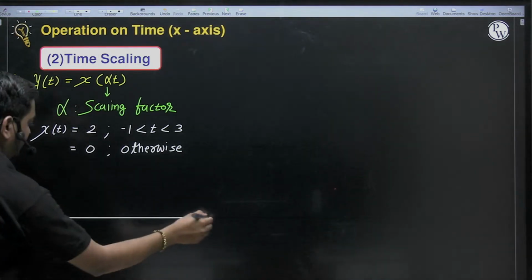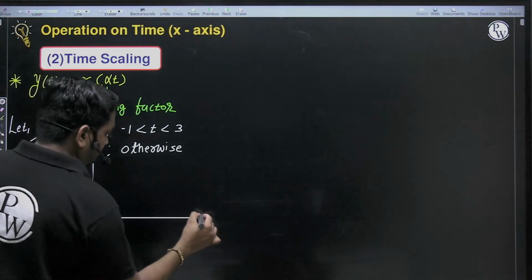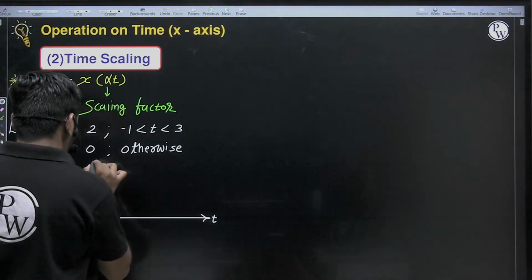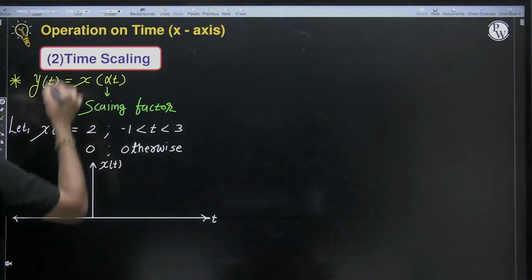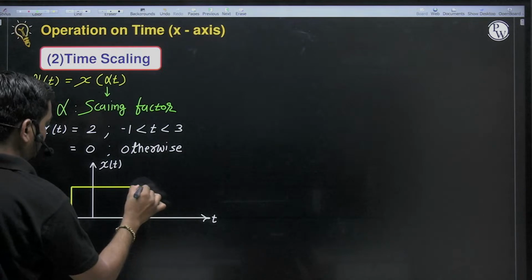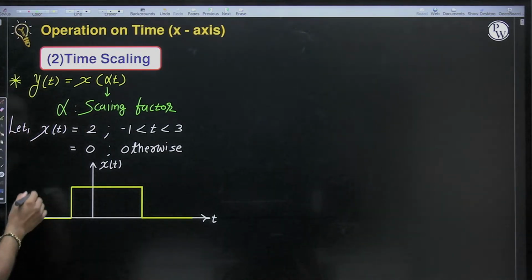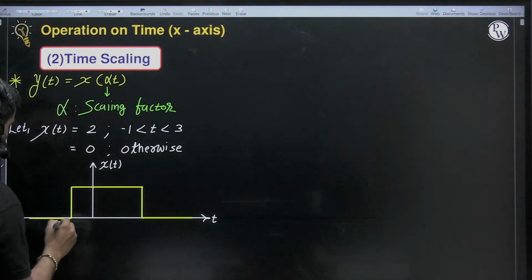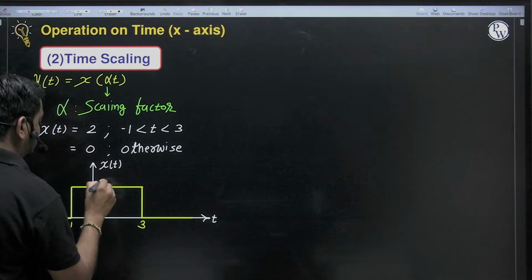Draw it graphically. Amplitude is 2 between minus 1 and 3, guys.